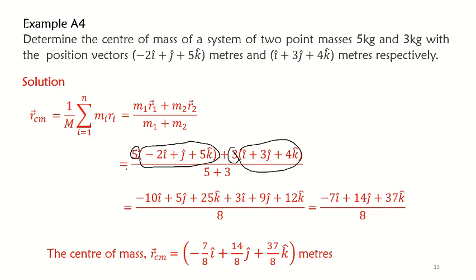So open the bracket. 5 times minus 2 is minus 10i, 5 times 1 j is 5, 5 times 5 k is 25. Likewise 3 times 1 is 3, 3 times 3 is 9, 3 times 4 is 12. So sort the like terms and we solve. You have this expression: 7 by 8 is the x, 14 by 8 is the y, 7 by 8 is the z.